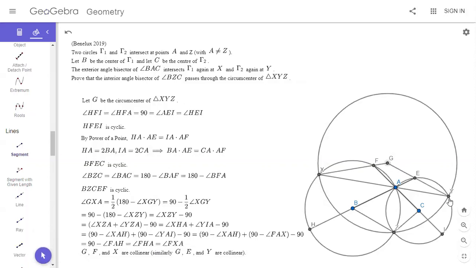And so then we want to show, then we can show G lies on that circle, the BFEC, because, how did I show that? Angle FGE is 180 minus FB or FZE. Yeah, I had an idea for how to do that.